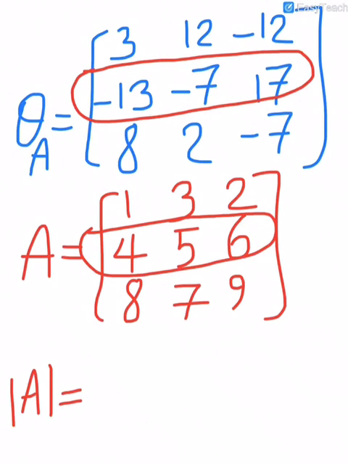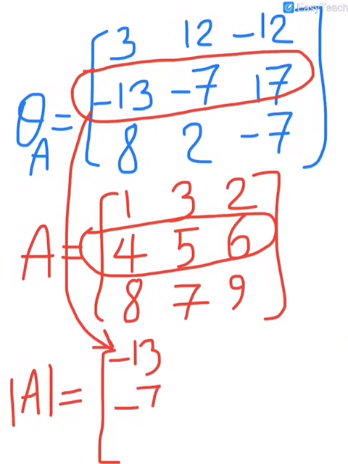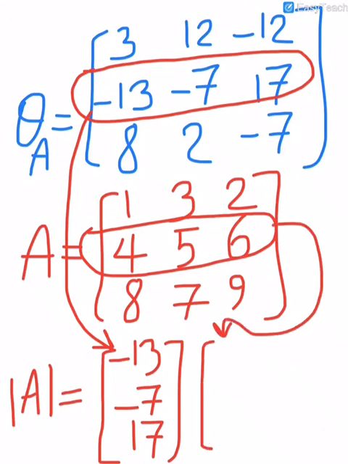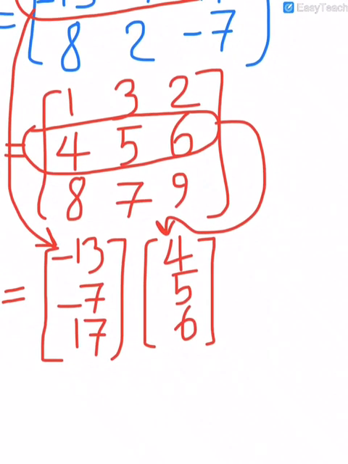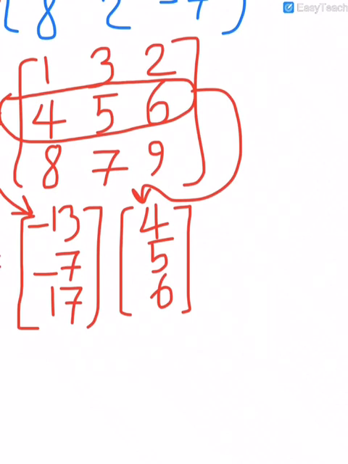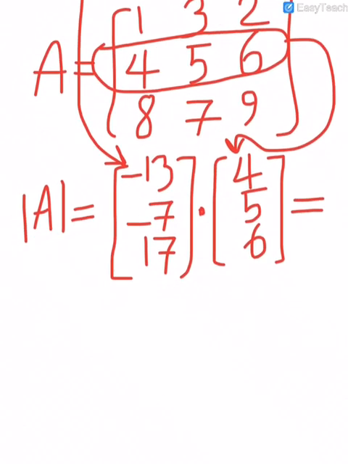So I write them in the form of a vector. Minus 13, minus 7, and 17. And I write this one in here too: 4, 5, and 6. Now the determinant is the inner product of these. How were we doing the inner product? Recall my note.